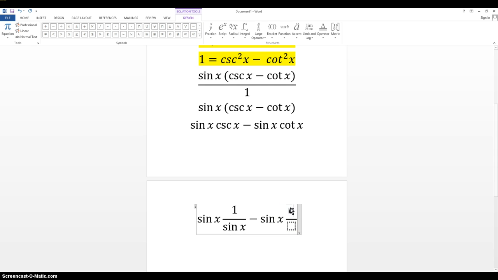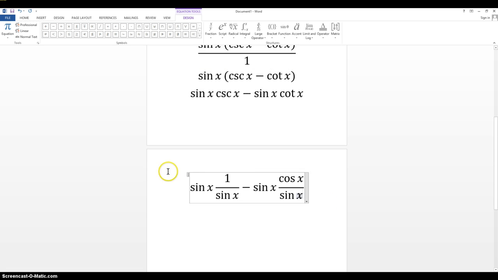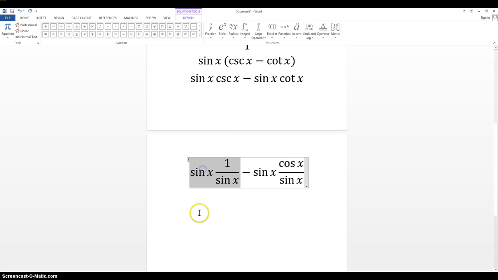I want to express it as cosine of x over sine of x. Let's take a look at this first term. What happens to my sine of x's? Perfect, they cancel out. So what does that leave me here? It leaves me with the 1.